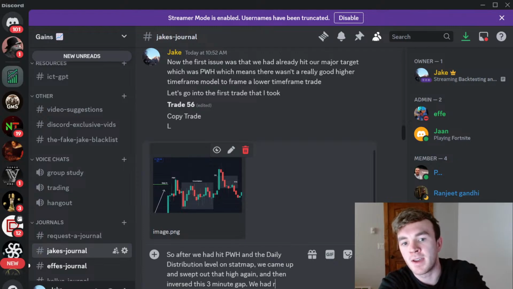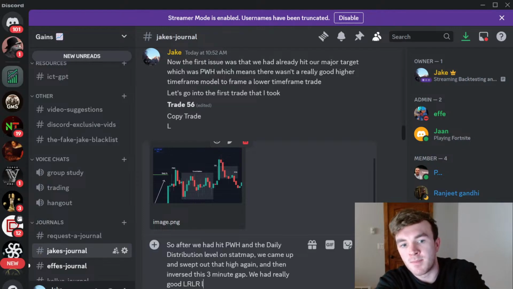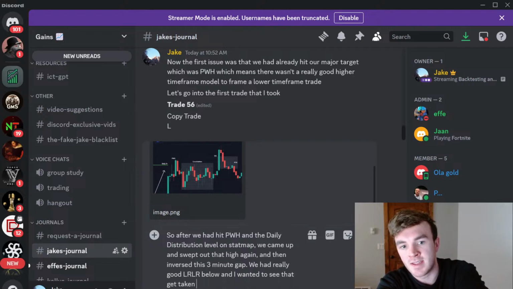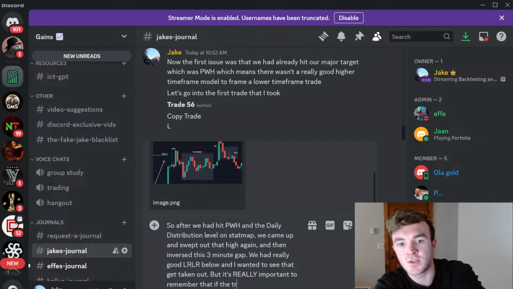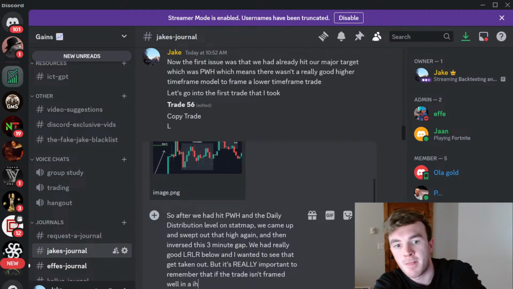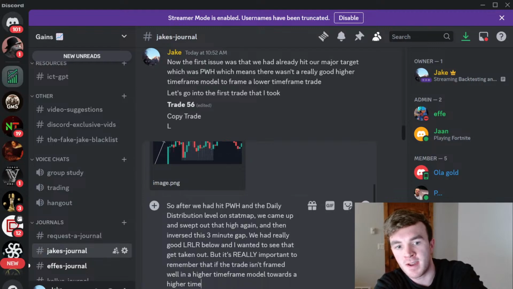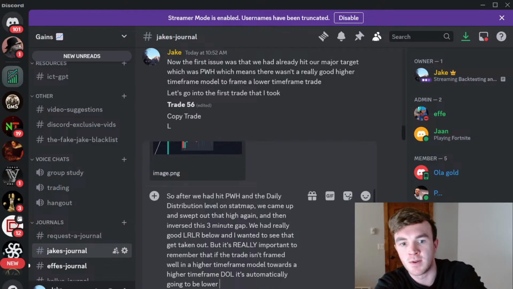We had really good LRLR below, and I wanted to see that get taken out, but it's really important to remember that if the trade isn't framed well in a higher time frame model towards a higher time frame drawn liquidity, it's automatically going to be lower probability.